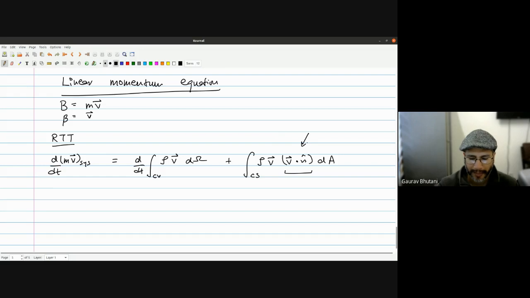So this V dot n term results in some sort of a transport. And this rho times V, or this rho times beta term, is the quantity being transported.